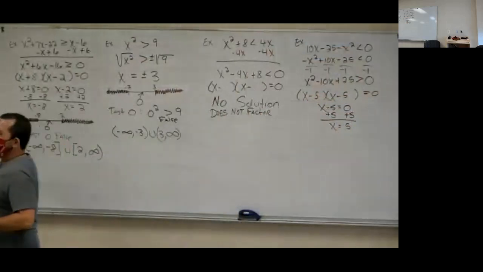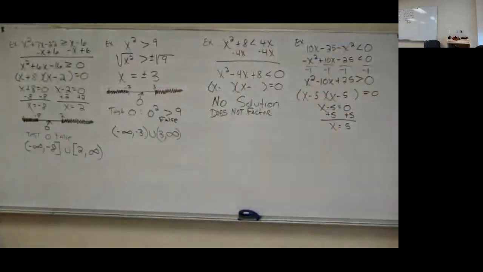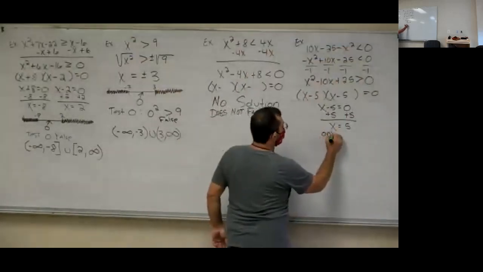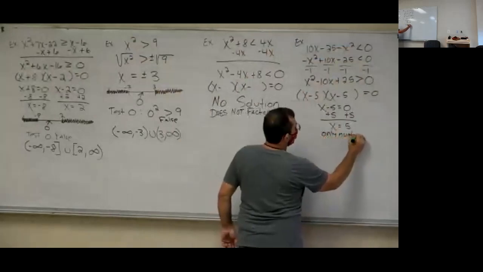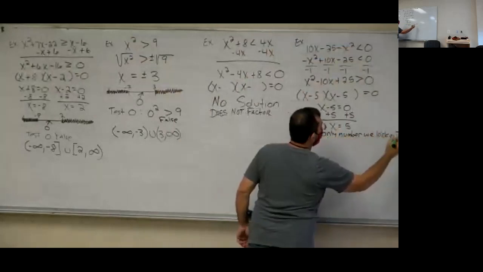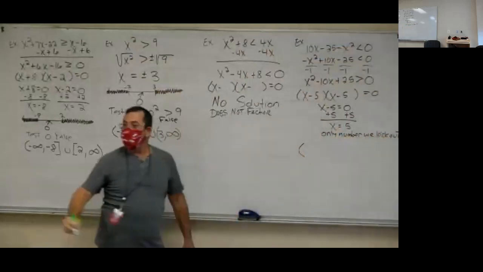But remember, we said if we only get one solution, then that is the only number we kick out of our domain. So since that's the only solution, that's the only number we kick out. We're going to start at negative infinity.